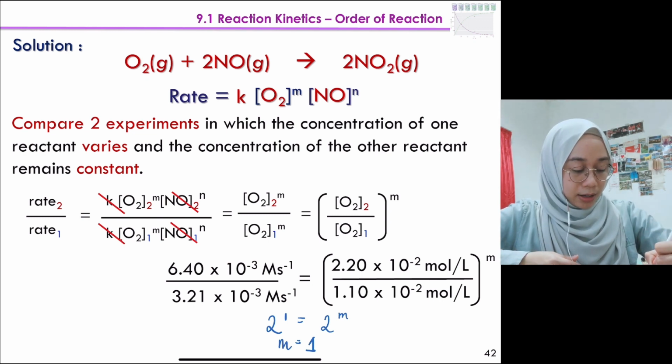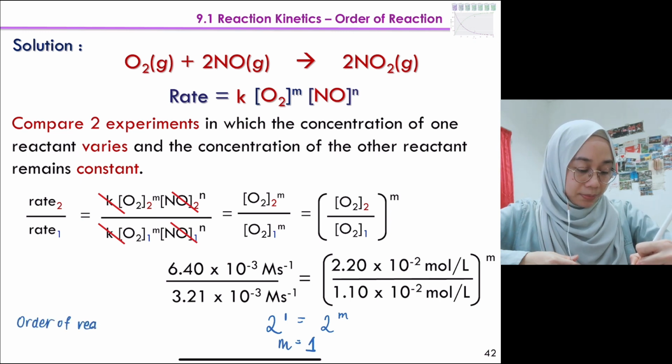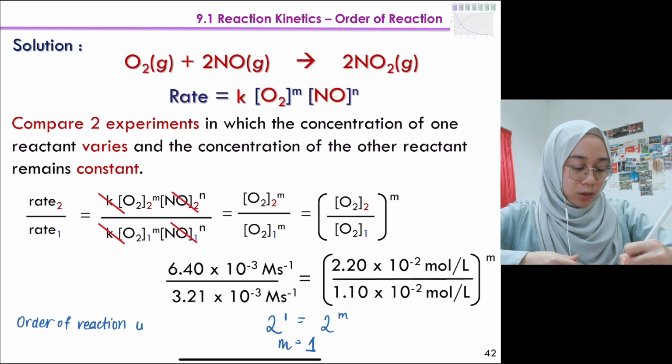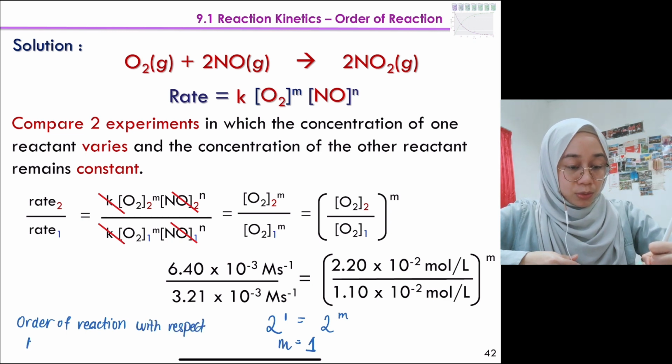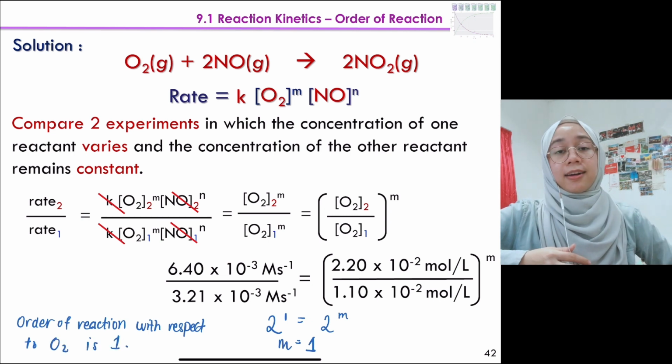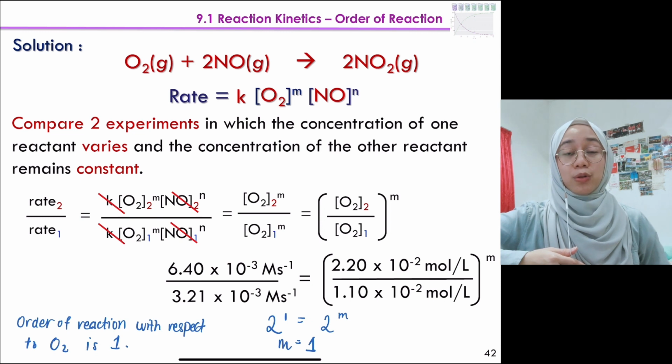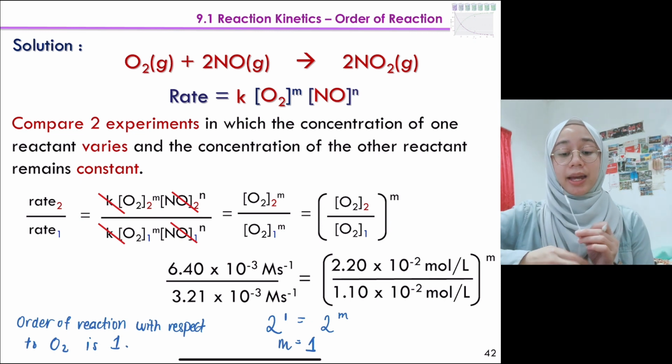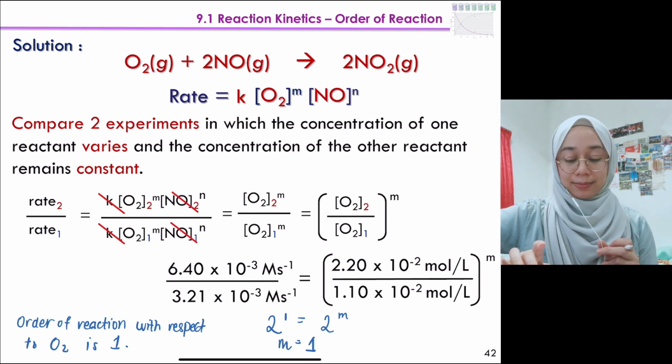So, tuliskan order of reaction with respect to O2 is 1. Okay, so ini baru jumpa m sahaja. Kita tak jumpa n lagi. So, let's have a look at n dan macam mana kita nak cari n.